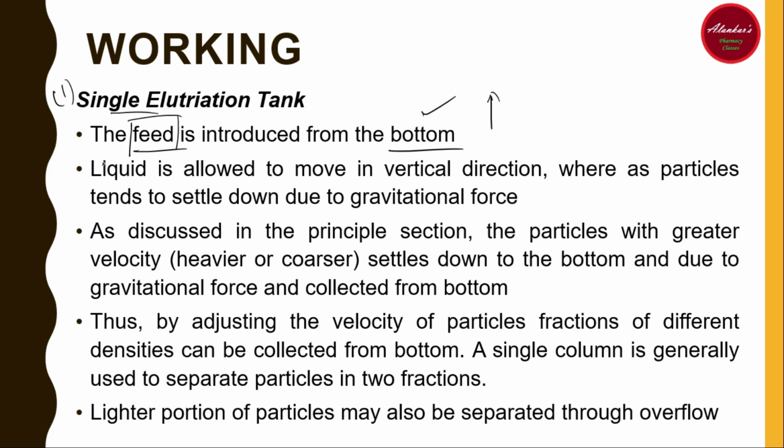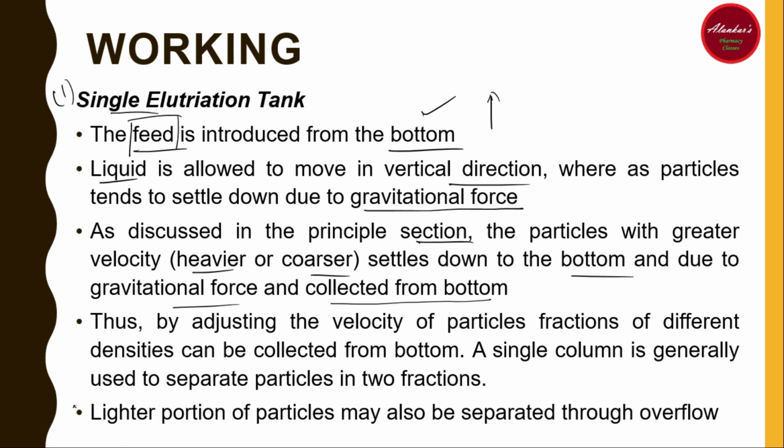Now the liquid is allowed to move in the vertical direction, whereas particles tend to settle down due to gravitational force. As discussed in the principle section, the particles with greater velocity, heavier or coarser particles, settle down to the bottom due to the gravitational force and are collected from the bottom.